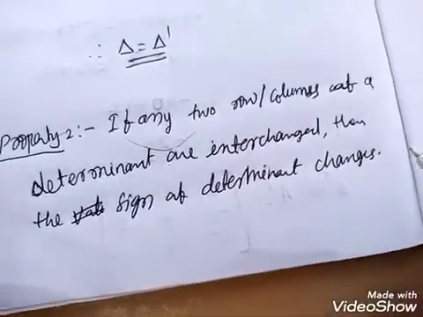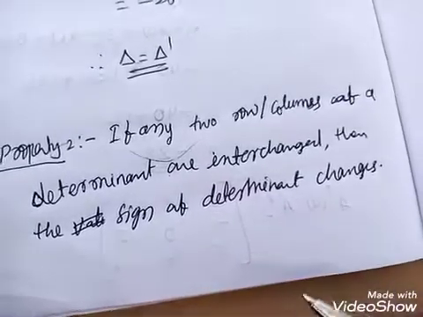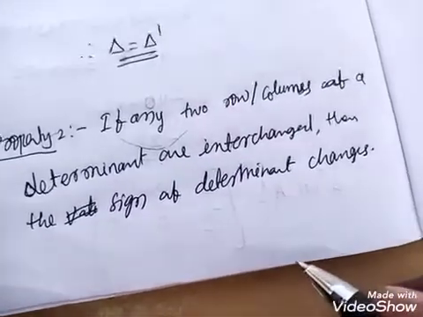That means if you interchange any two rows or columns, the determinant sign changes.